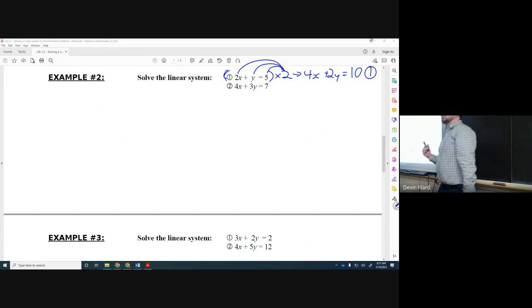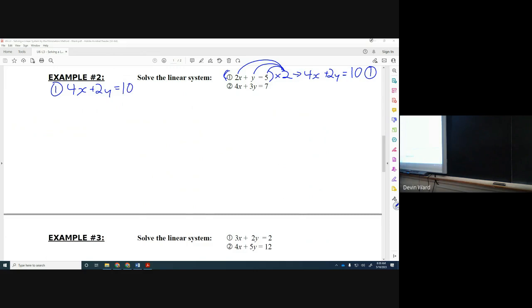That's my new equation 1. All I did was multiply everything by 2, so now equation 1 is 4x plus 2y equals 10, and equation 2 is 4x plus 3y equals 7.